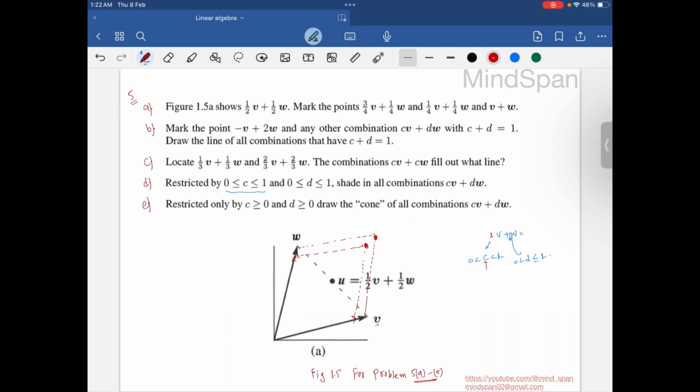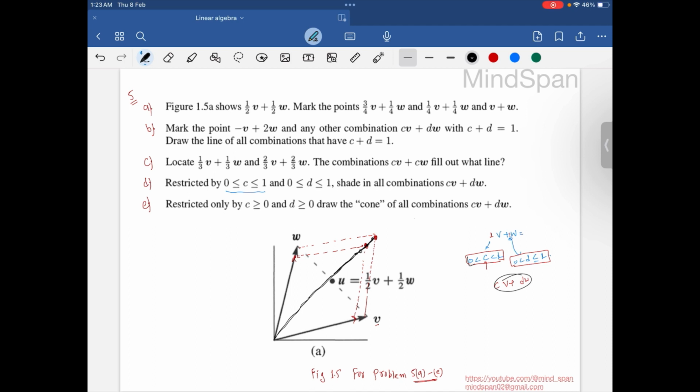right? So you take each and every value of C from 0 to 1, and each and every value of D, and then this linear combination is going to look like this line, right? So you will get this one. On this line you will be able to get each and every point, by varying this C and D and taking the linear combination, right?